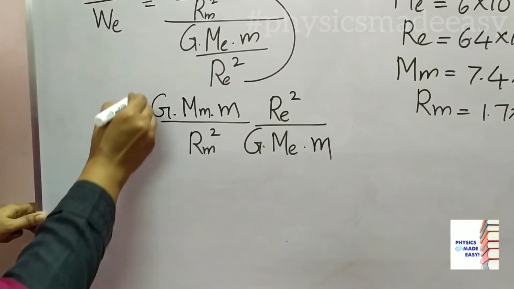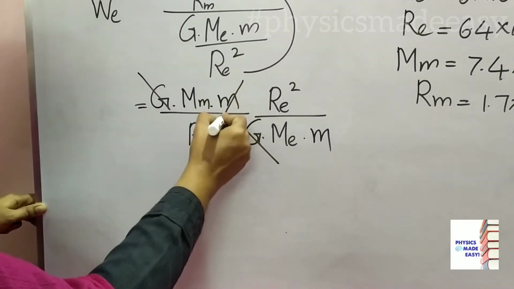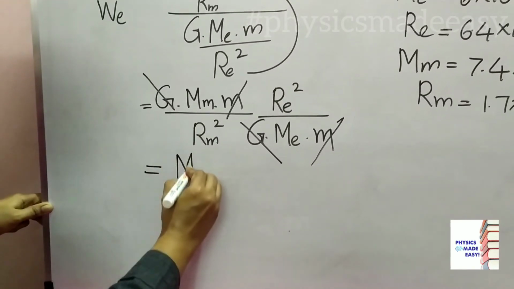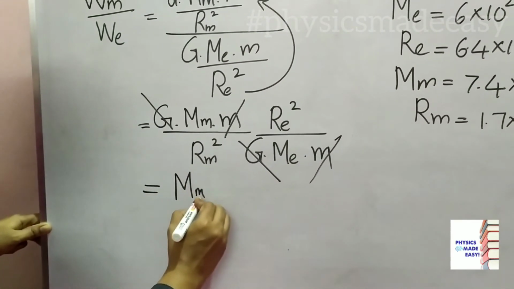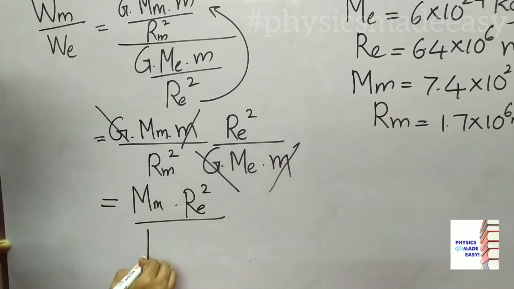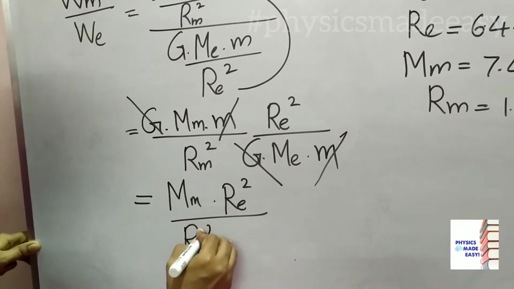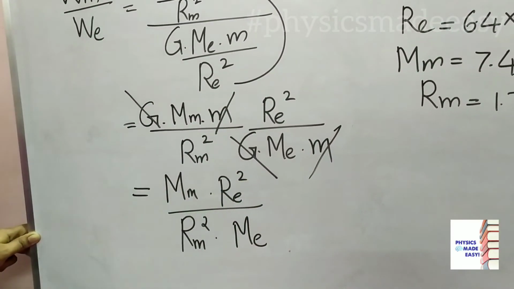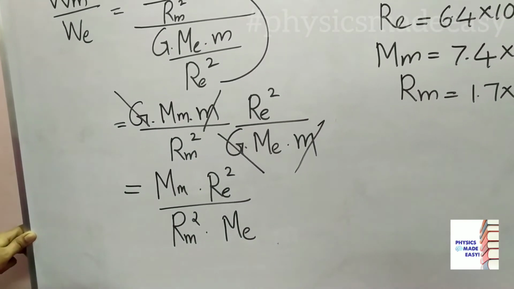Now we can cancel this G and cancel this M also. Now you will get Mm into Re square divided by Rm square into Me. Now we have to substitute the values in this.